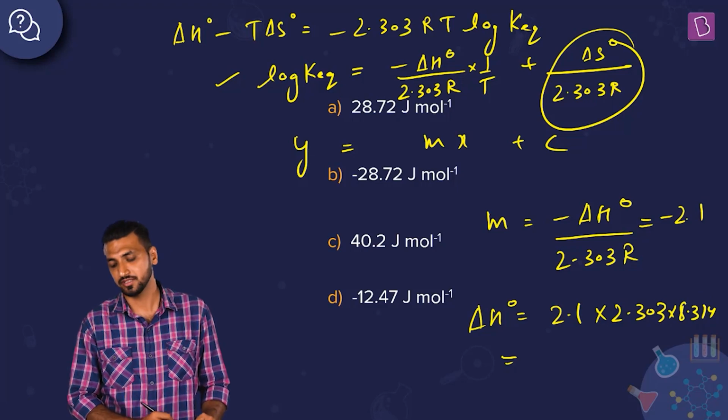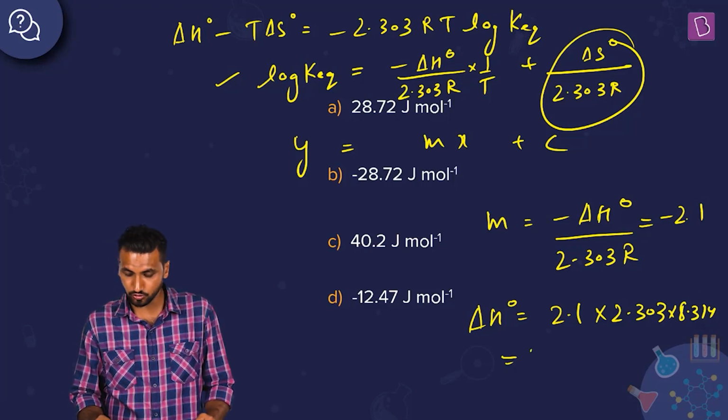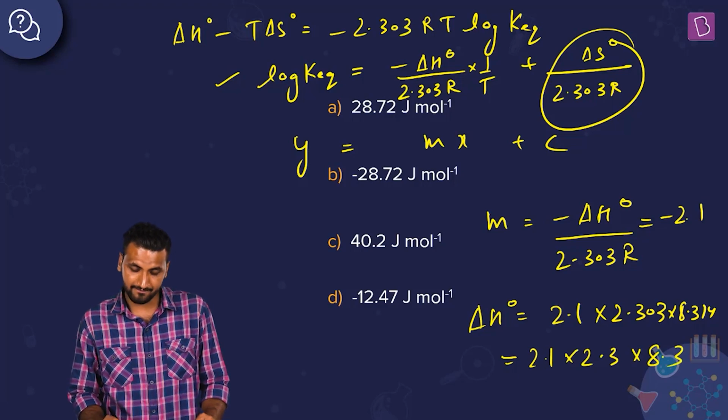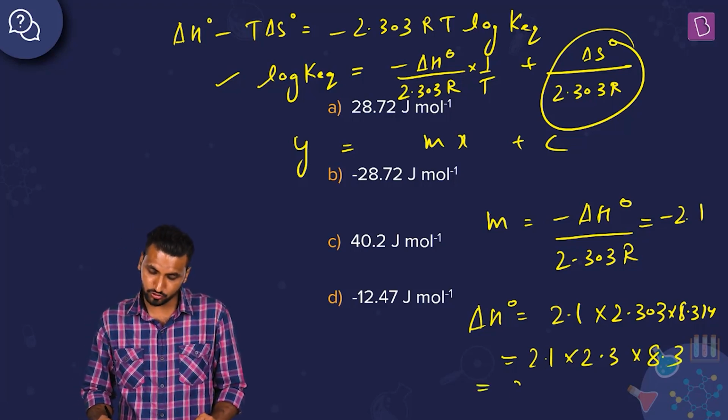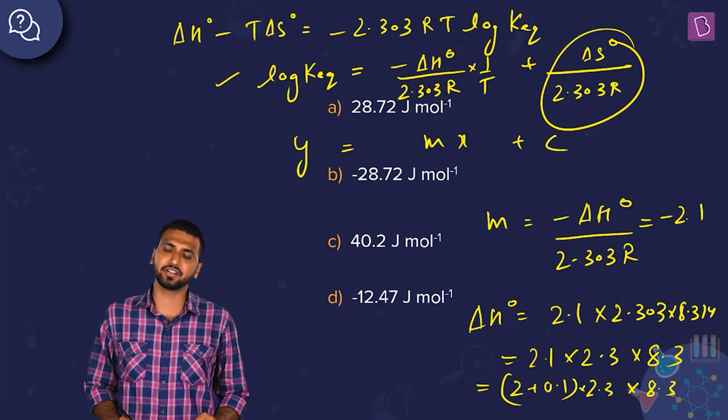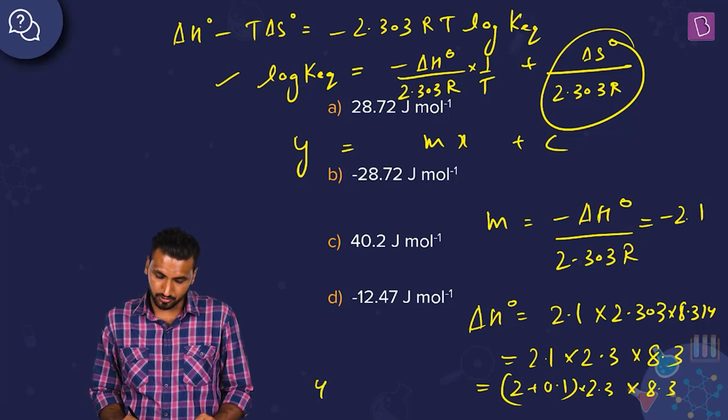Let's take the approximation 2.1 into 2.3 into 8.3. I'll write it as 2 plus 0.1 into 2.3 into 8.3. So 2.3 into 2 is 4.6, plus 0.23, which is 4.83, into 8 plus 0.3.